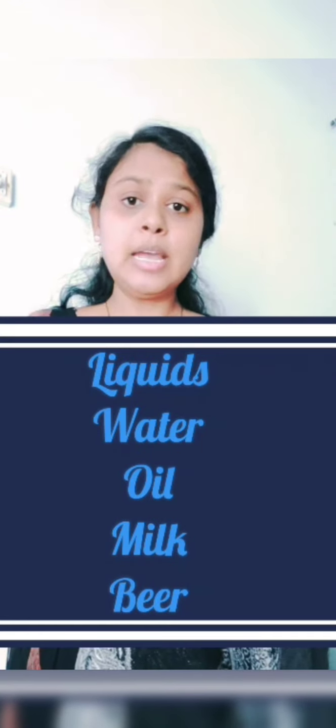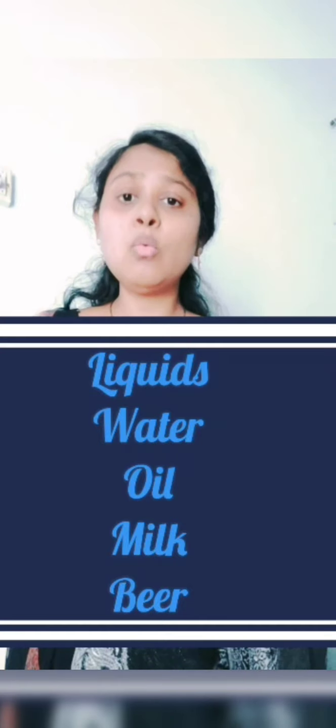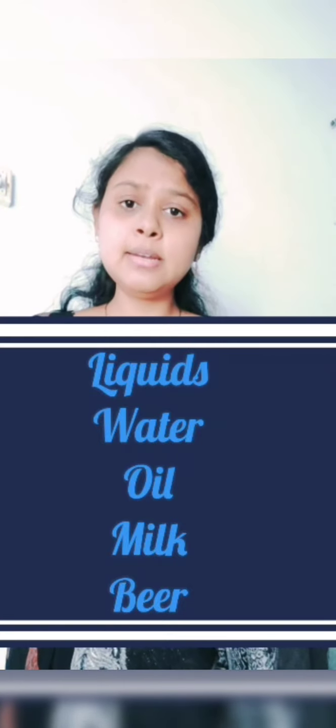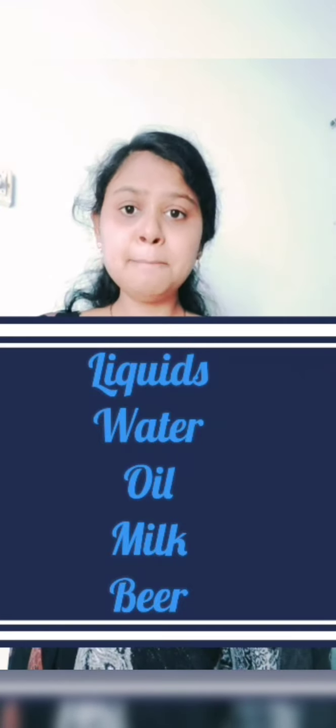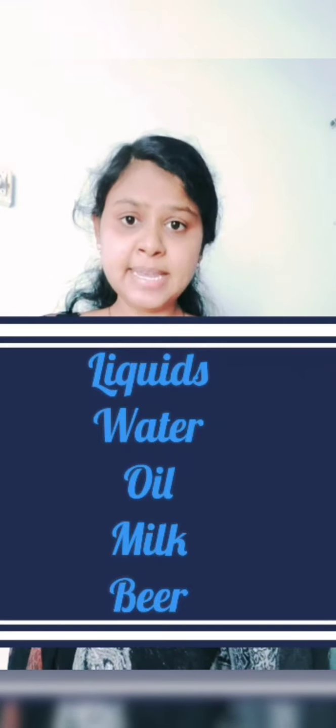There are a few tricks that can help us. Let's see what those tricks are. First one is liquids. We have so many liquids like water, oil, milk, beer. All these are liquids, so we cannot count liquids.